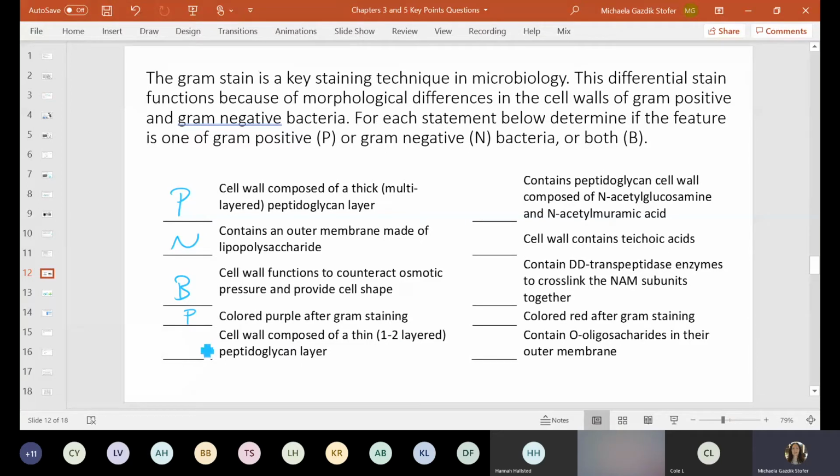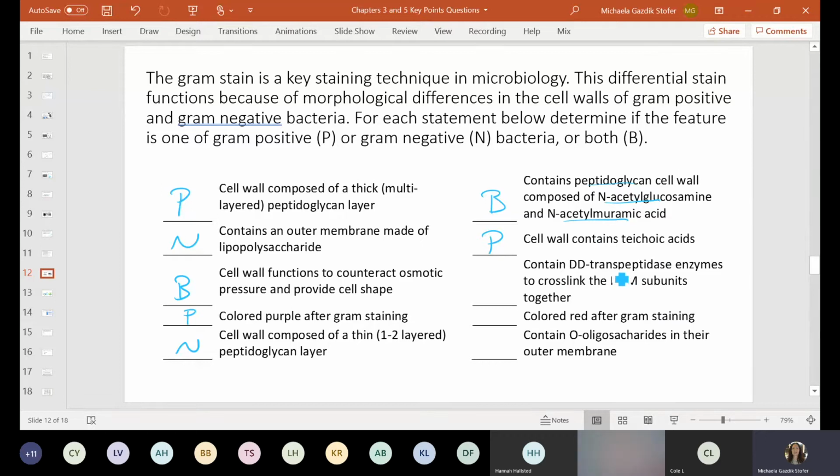Okay, a thin peptidoglycan layer we said was gram-negative. Contains peptidoglycan, which is made up of your N-acetylglucosamine and N-acetylmuramic acid sugars. That was both. So even though one's thicker than the other, they both have that peptidoglycan structure. Teichoic acids were only in gram-positive. Now here's one we haven't necessarily talked about.